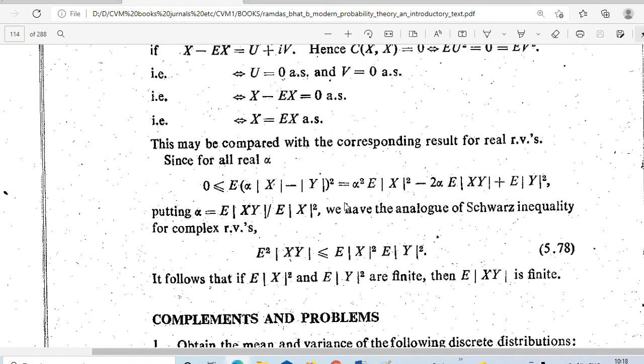And the last one: using which inequality? So what is expectation of alpha mod x minus mod y whole square? (a plus b) whole square is a square plus b square plus 2ab, and (a minus b) whole square is a square plus b square minus 2ab. So you can use that result.